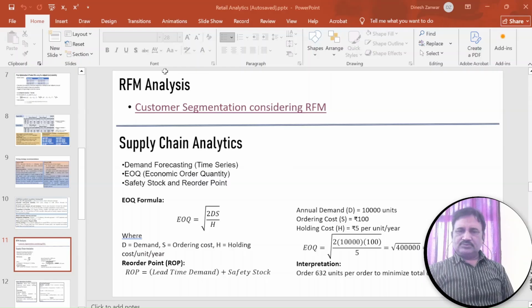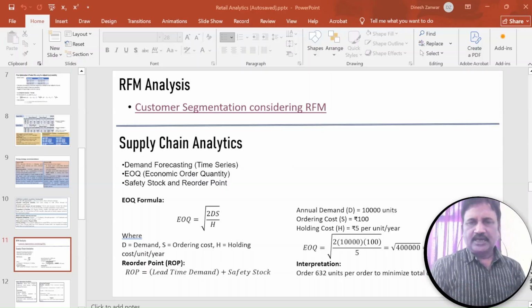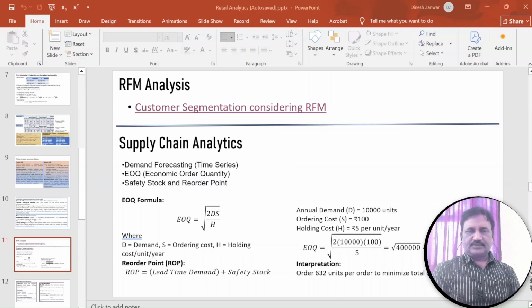So going back to the customer segmentation considering RFM, I hope you have understood it enough, right? Then we will now be seeing supply chain analytics. There are many analytical things in supply chain.